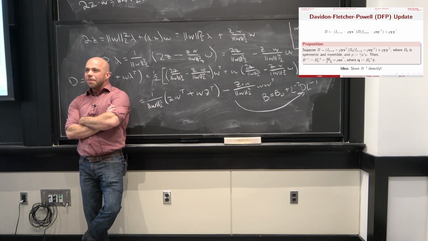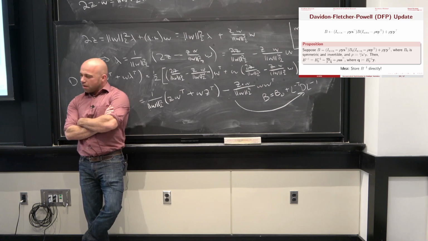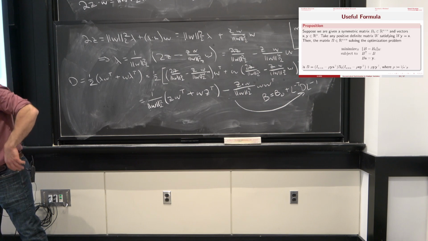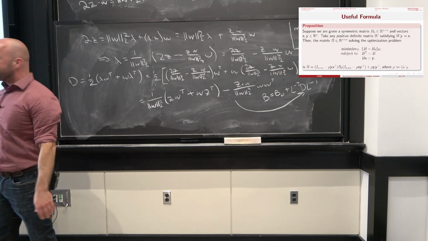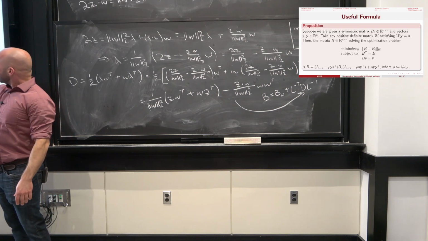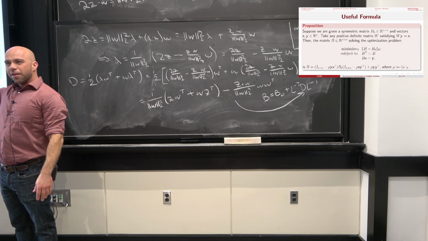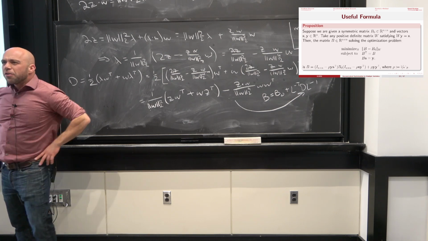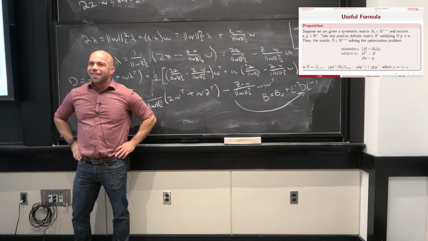However, it can actually be a little bit unstable, and there's a reason for that. If we look at the optimization problem for the Broyden update, this terrible formula that we derived, it wants B to change as little as possible, right? Like that's really what's going on in this optimization problem. But do we use B in Newton's method?